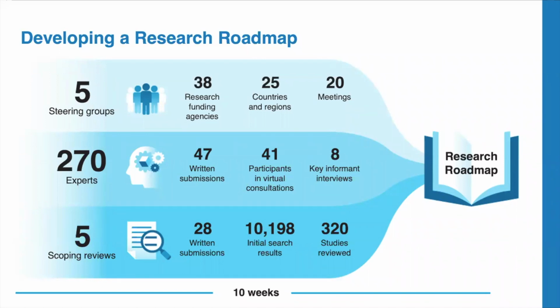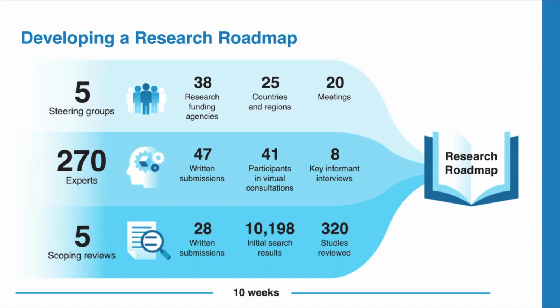We hosted 2 virtual consultations focused particularly on trying to elevate youth voices in those countries that were not represented in the other various processes. And we did key informant interviews. And then third, we did rapid scoping reviews, which was really all about trying to find out the state of the art across the different areas of the UN socioeconomic response framework in order to then craft an appropriate research prioritization to be the focus.